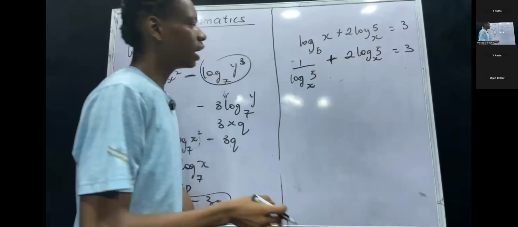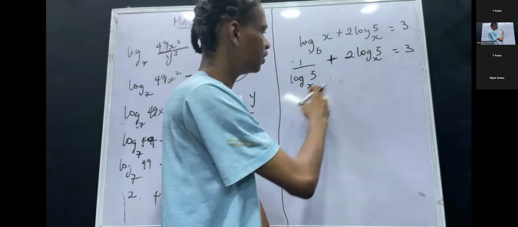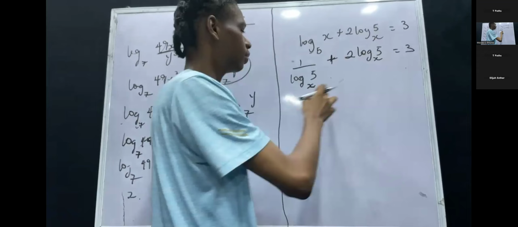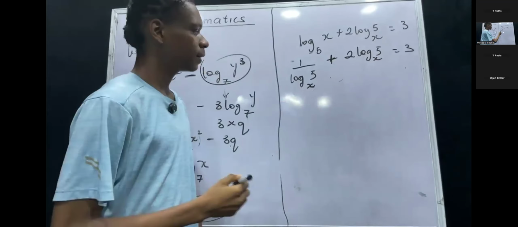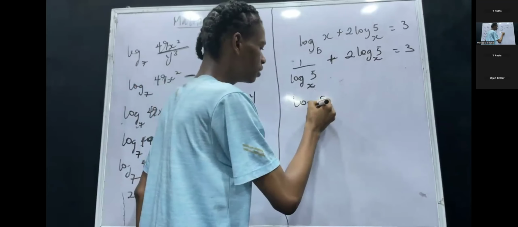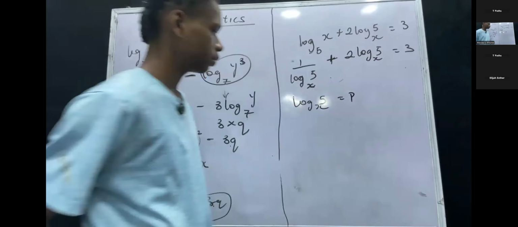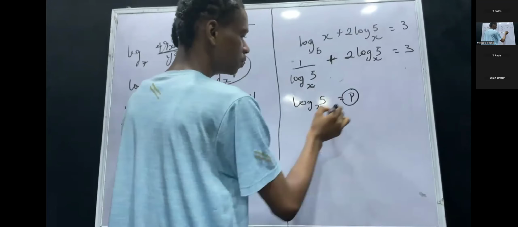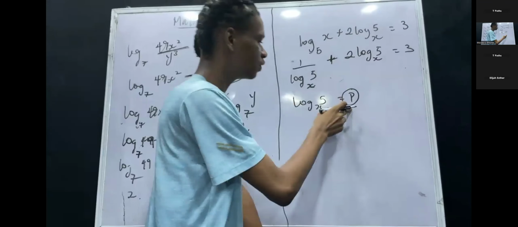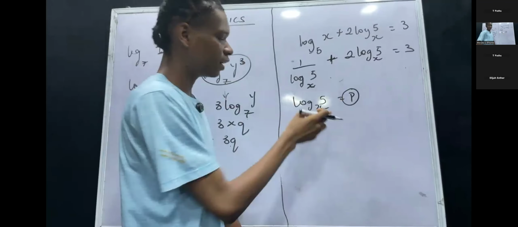Now you can see I have log 5 to base x here, and I have log 5 to base x here. So let's say log 5 to base x is equal to p. I want to make this log 5 to base x a variable. When I solve for the value of this variable, then I can use the variable to get the value of my x.